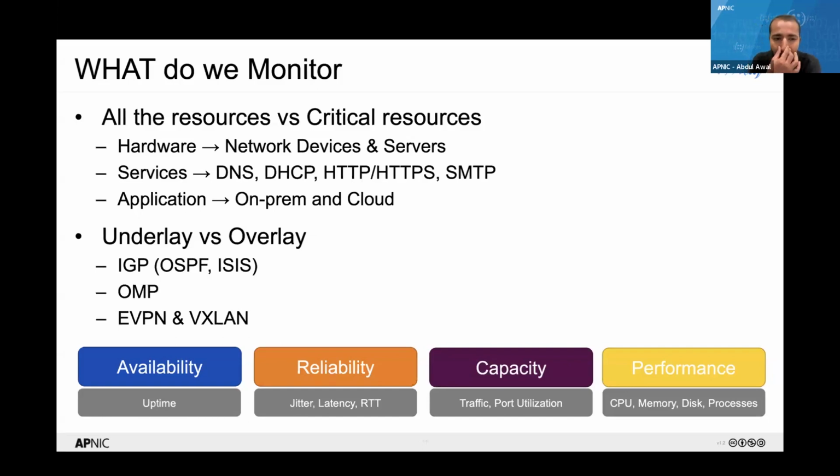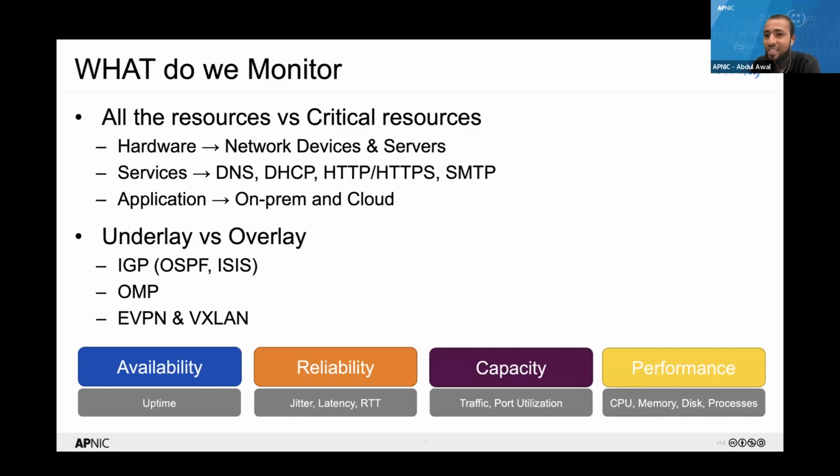So basically, as you can see at the bottom of this slide, we want to check whether my device is up or not. That's availability. We want to see whether some of the destinations are having any packet loss or very high latency. That means something happened in my upstream network or their upstream network, something like this.